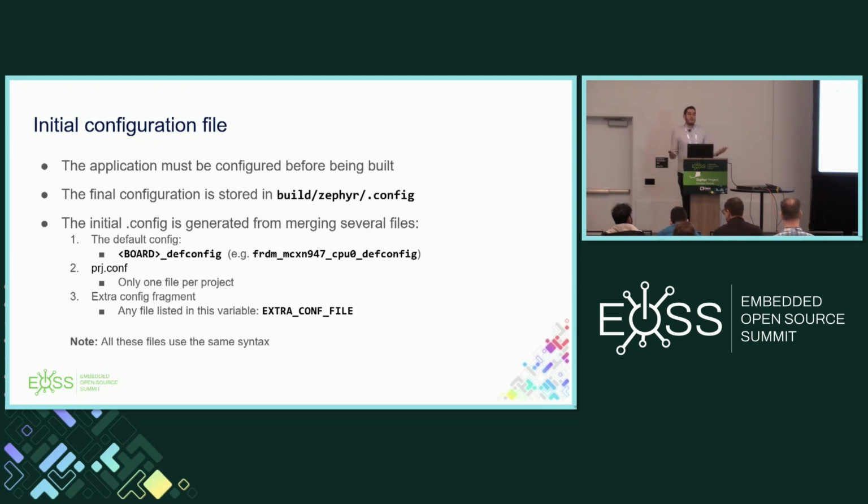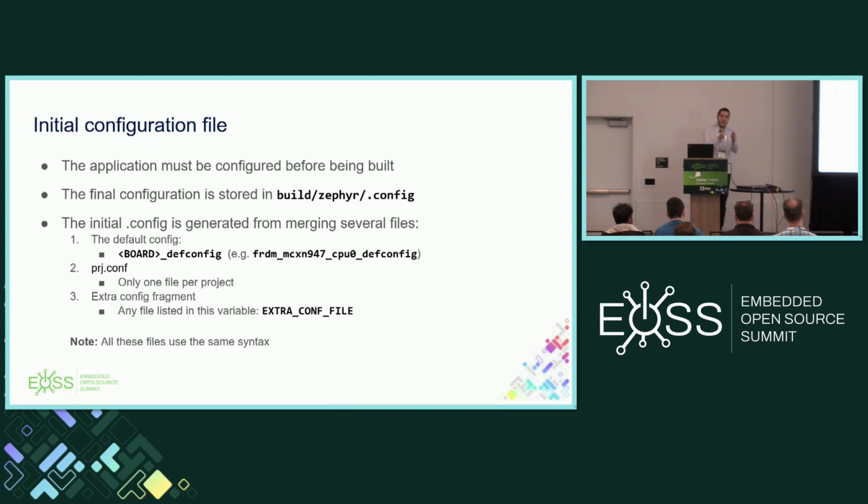And you can add some extra fragments. Basically, if you have something special, you can just put it in a different fragment. The typical approach for a fragment is when you have some options that you want to enable or disable, or you don't want them all the time. So let's say I want to test Bluetooth, and I want to test tracing, but I'm not going to use them all the time.